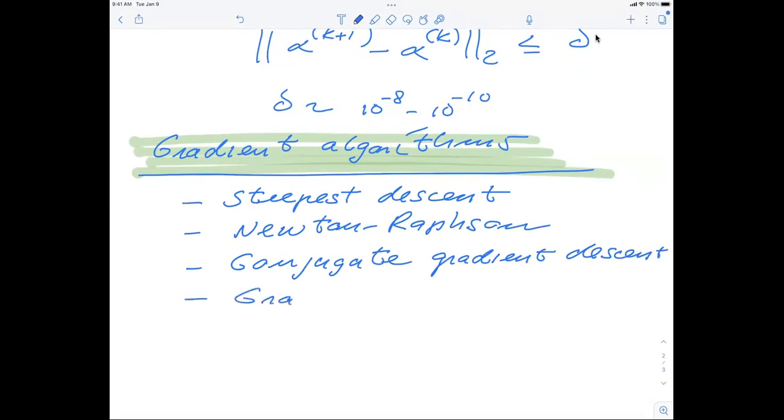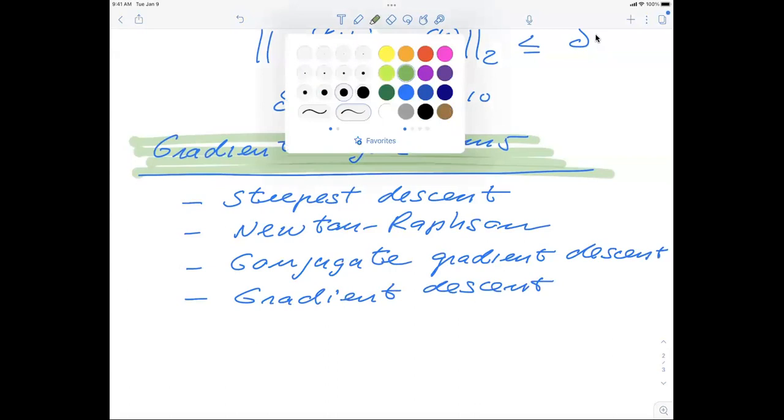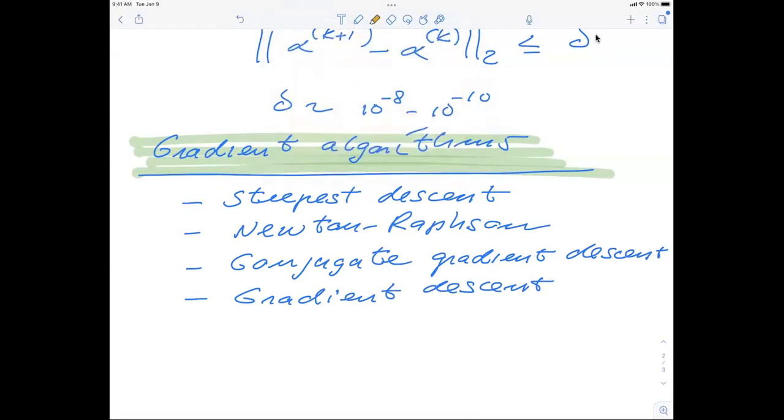As you can see, there's a family of different types of methods. I'm going to highlight plain gradient descent because that's one of the simplest possible methods which we can implement, and we will see how we can do that. Actually, the demonstrations which I showed you in the previous lectures were based on gradient descent.